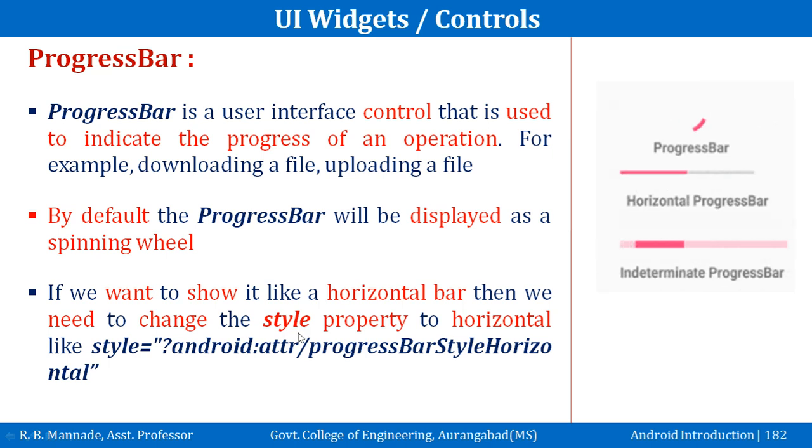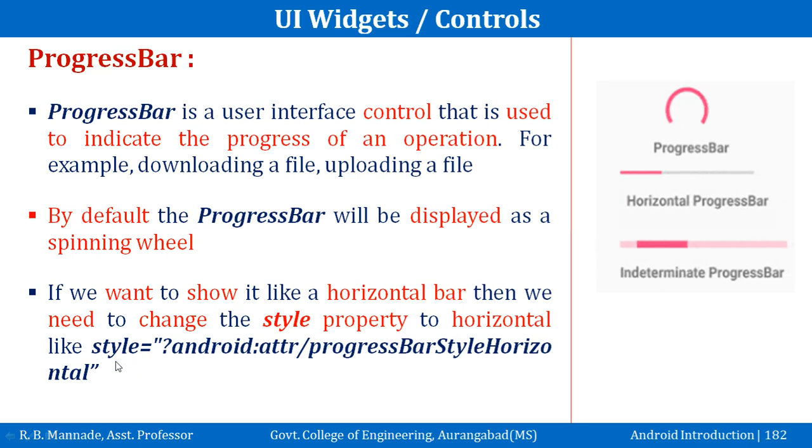So if we want to show a progress bar in the form of horizontal direction, like this second one and this third one, right? In that case, we need to set a style attribute of a progress bar control using a statement somewhat like this one.